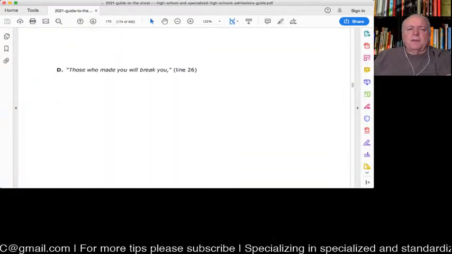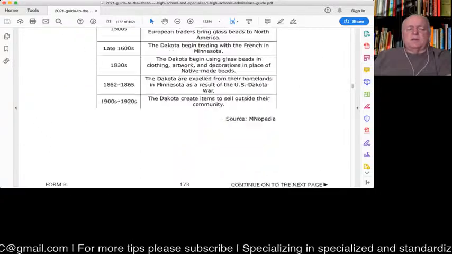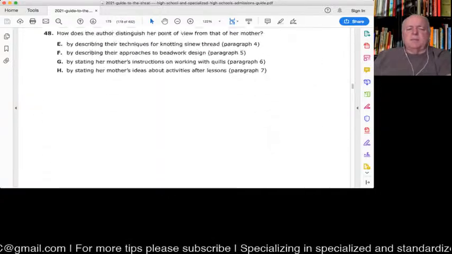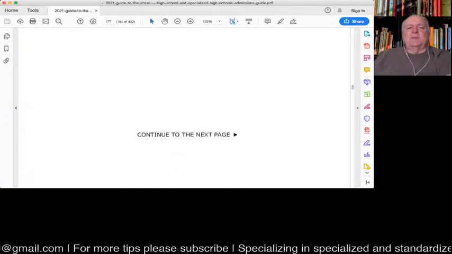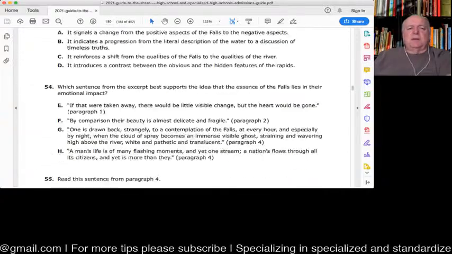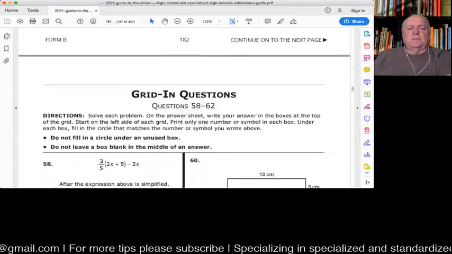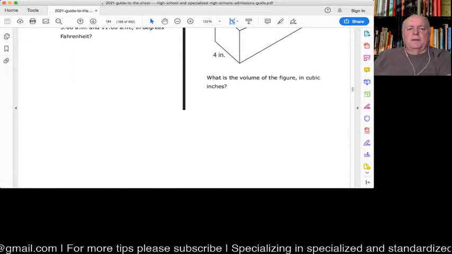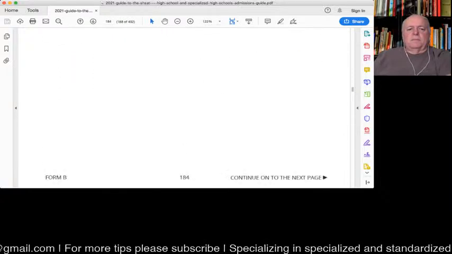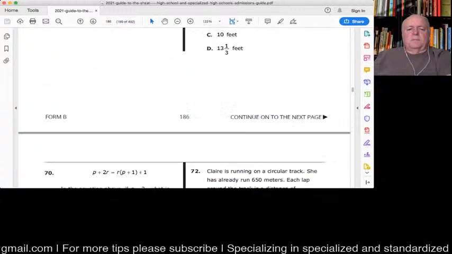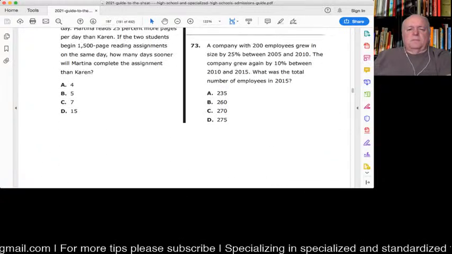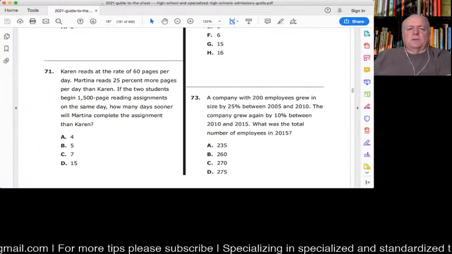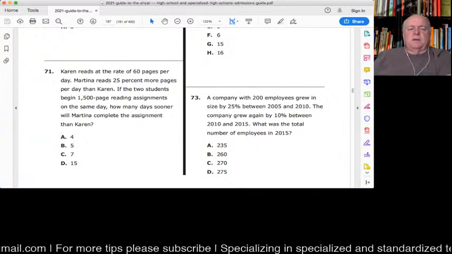In this one, it turns out there are 2 answers that might possibly fit. Let me bring it up for a second. Okay, so it's page 187, question number 71.